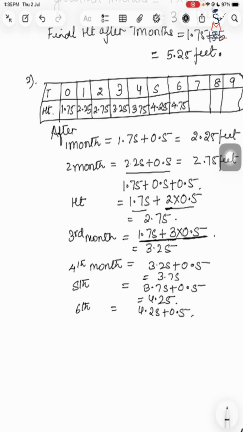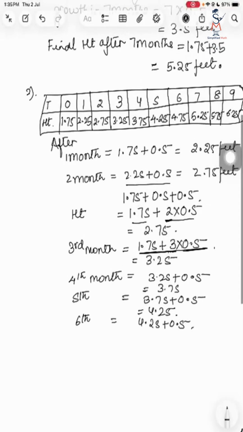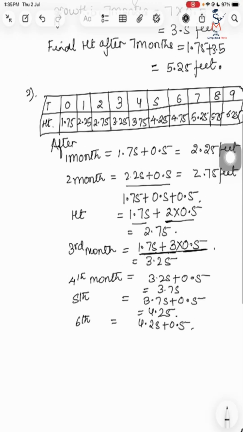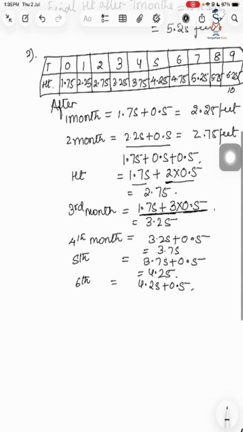Then 4.75 plus 0.5 will become 5.25. 5.25 plus 0.5 will become 5.75, and then 6.25, and for the 10th one, I am writing here, 6.75.